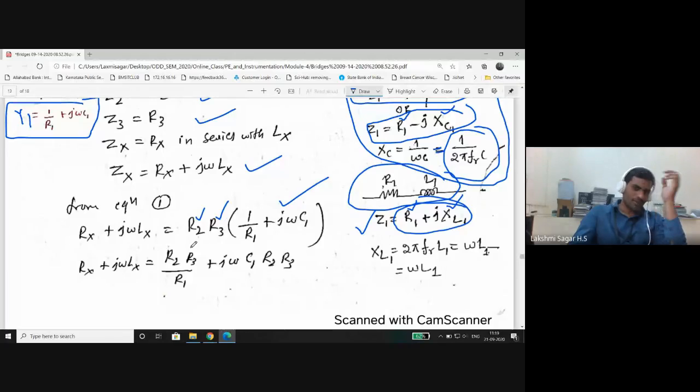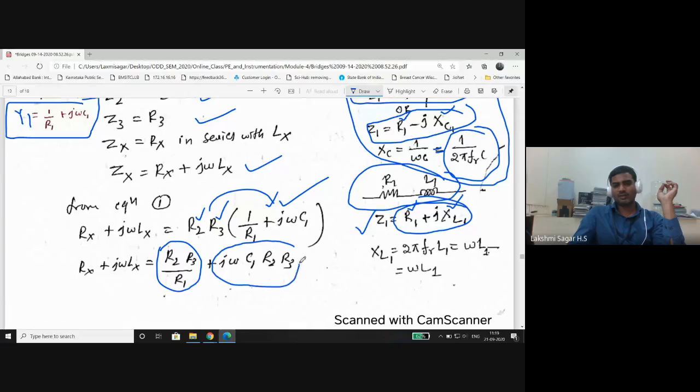You just multiply R2 R3 by 1 by R1, you will get this term. Next, R2 into R3, you multiply it with j omega C1. So you will get j omega C1 R2 into R3. That is the second term. Right?